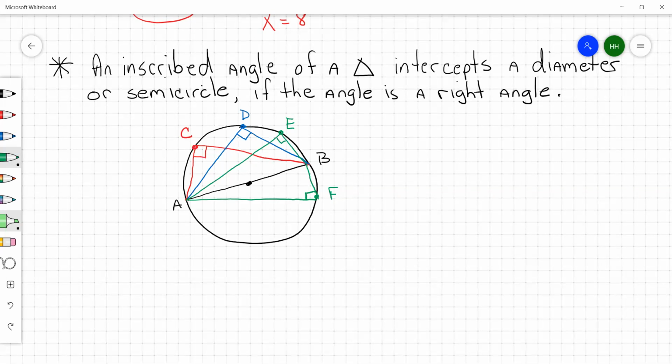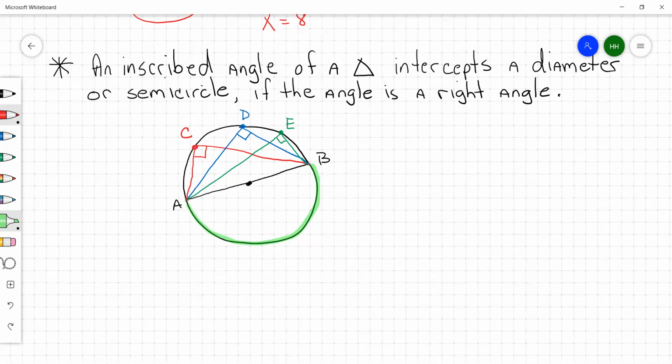Hopefully it makes sense for a couple of different reasons. All right, if I take this last angle out of here, let's kind of talk about this for a second. Angle C, angle D, and angle E, don't they all intercept this arc? They all intercept arc AB, don't they?